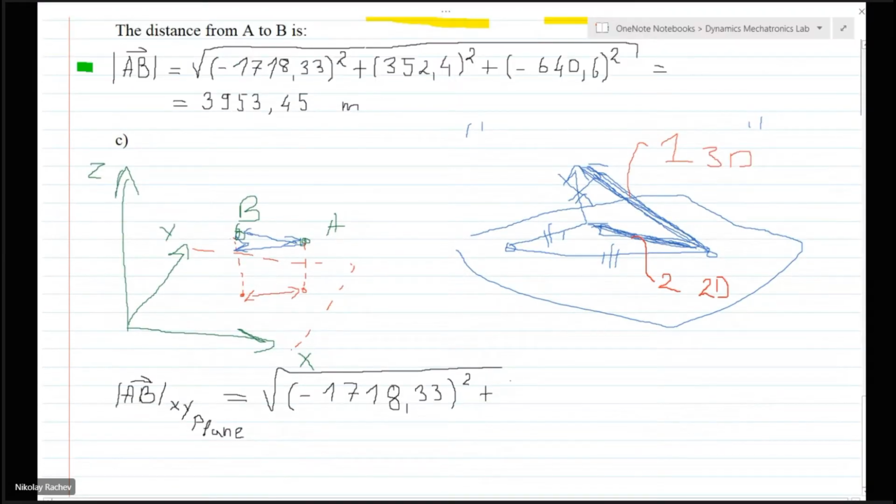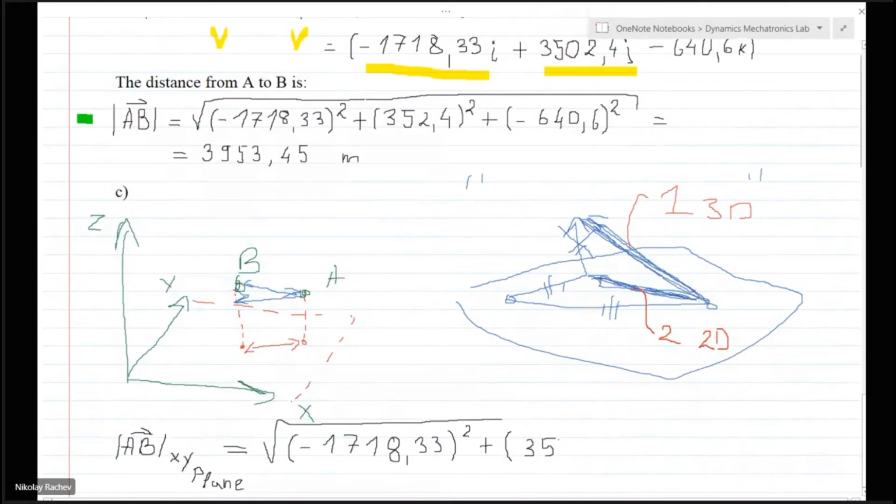So we can use it for the second, which makes the third part of our task very easy to be performed because we use our previous calculations. 3,502.4. Right. It is correct, yeah. Power of second. We shouldn't forget the power of second. I will leave the square root.